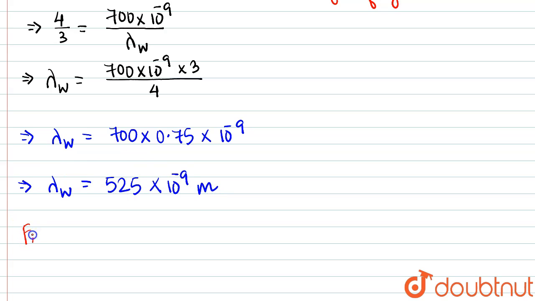Now to find out the fringe width, we use its expression. The expression for fringe width is beta equal to lambda. Since it is placed in water, so we'll write the wavelength that is in water times capital D, which is the distance between the slits and the screen, upon small d, which is the distance between the slits.